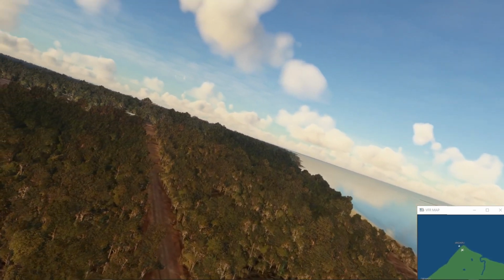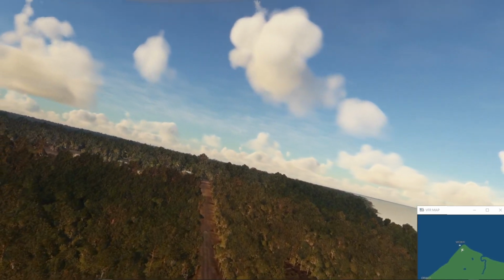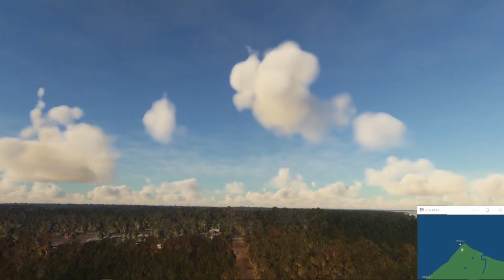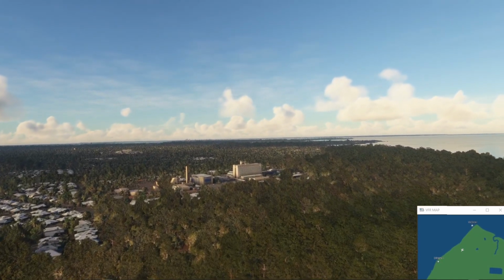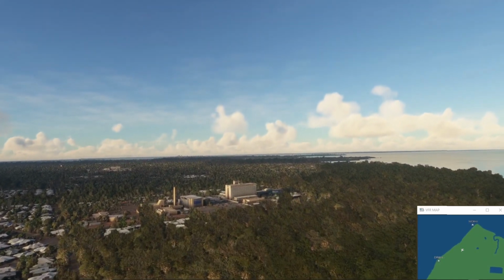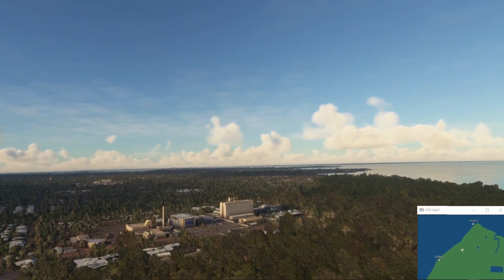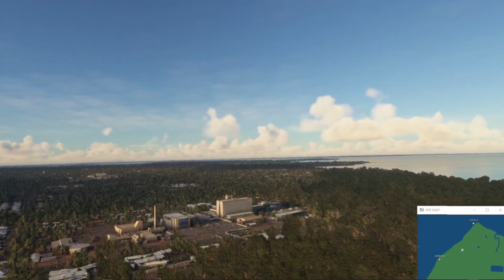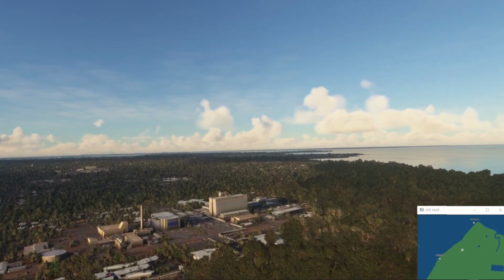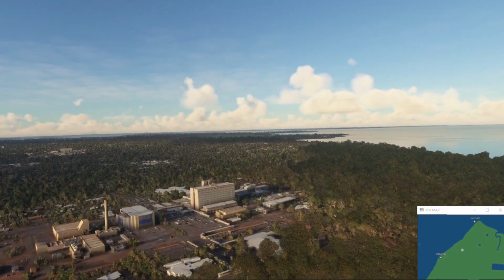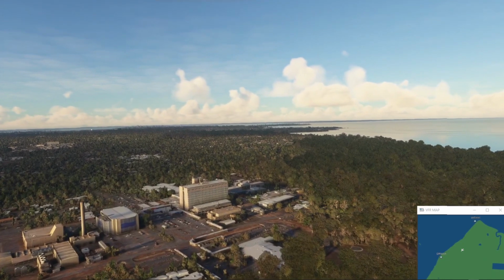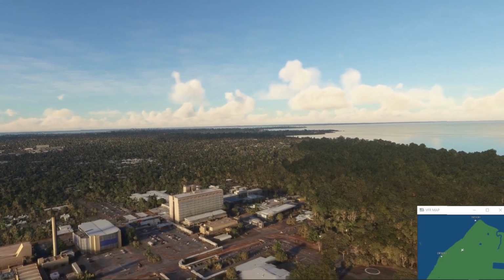As we fly alongside, we're now turning south. In the distance you see the Royal Darwin Hospital. Just past the hospital you'll see a neighborhood on the left and the beach on the right.